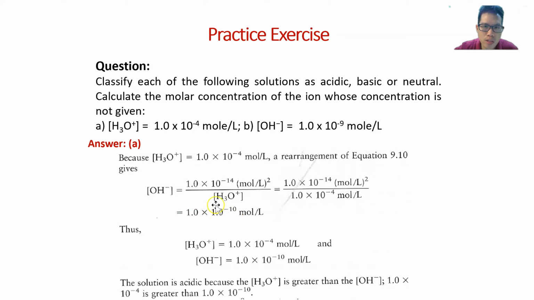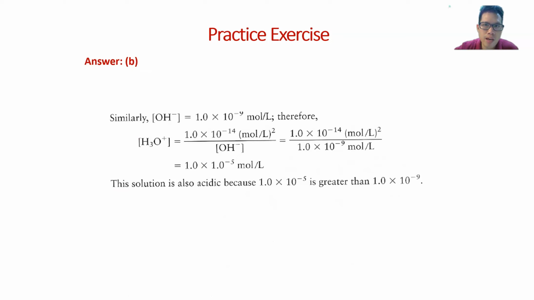So is this one smaller or this one smaller? Of course, this is smaller. The OH concentration is a lot smaller, and hence this is an acidic solution. So use that to determine acidic or basic. How about the other one, B? You look at this. Again, you use the same formulation. In this case, we divide by the OH.